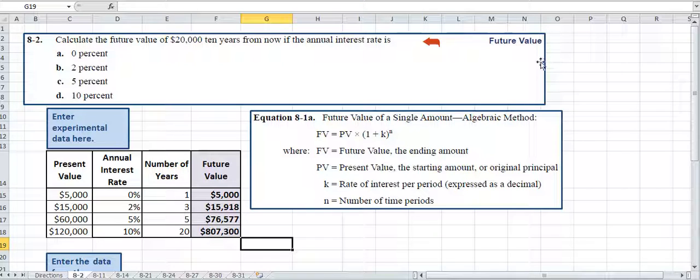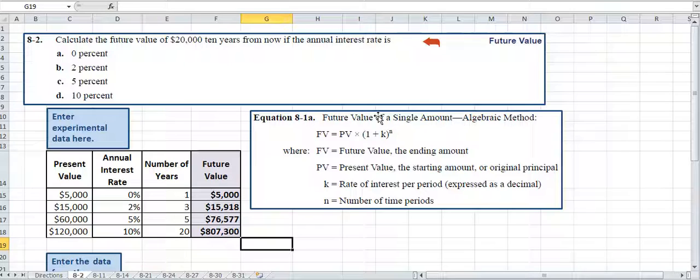We're looking at the future value of money. So we're given a present value, which is $20,000 that we're starting with today, and we're asking what will the future value of this $20,000 be in 10 years with these different rates of return, or these different annual interest rates. The formula that we're going to be using is in your book.